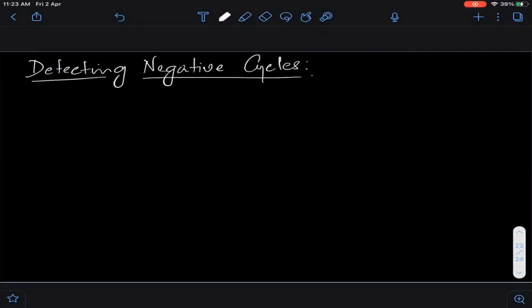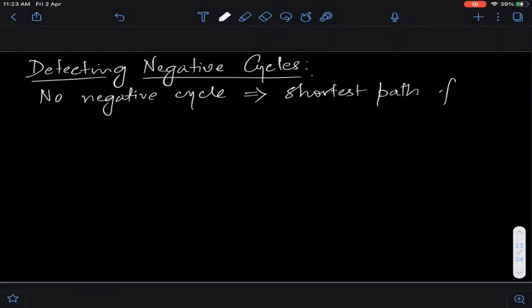So what we have proved in the previous lecture is the following, that no negative cycle implies that the shortest path from S to V will use at most n-1 edges.